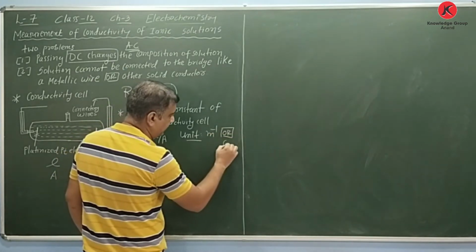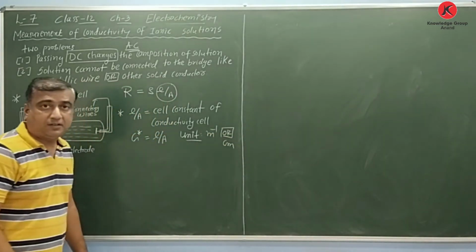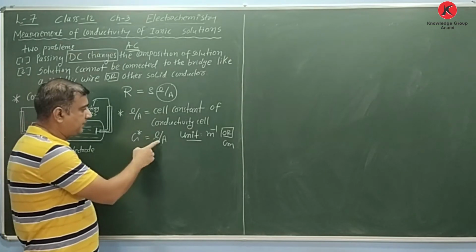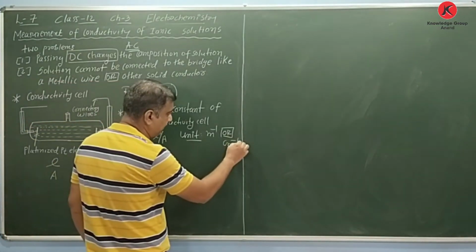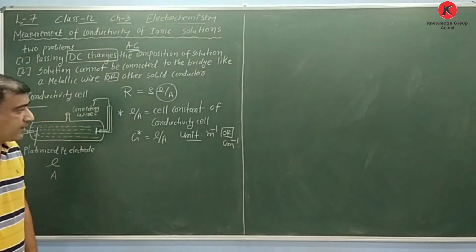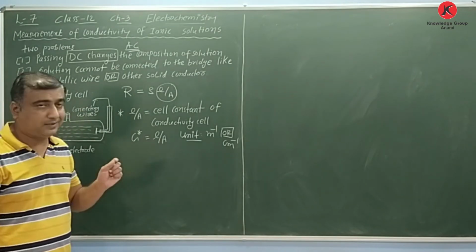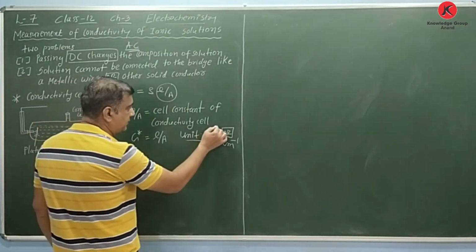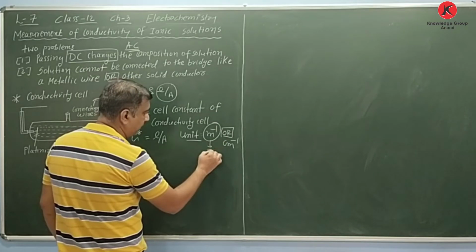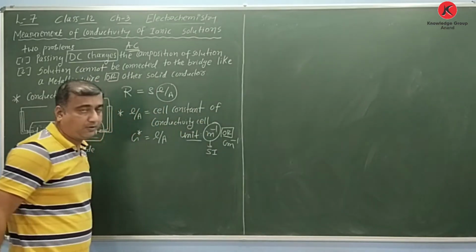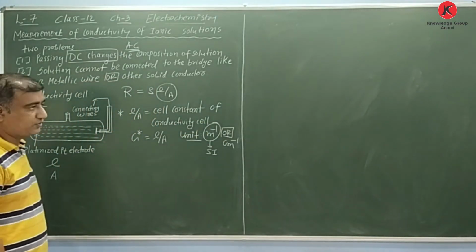Otherwise, if the value is taken in centimeter, then centimeter inverse. In short, the unit is length inverse, and meter inverse will be the SI unit of cell constant.